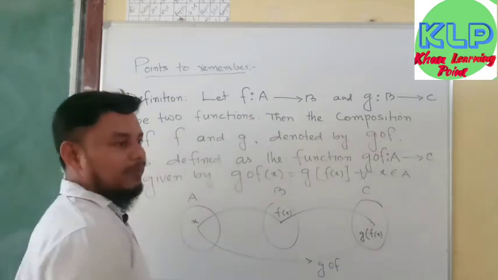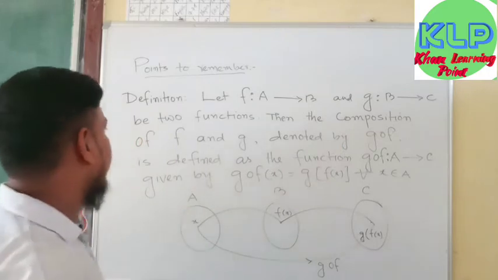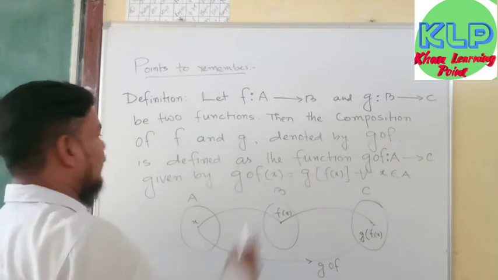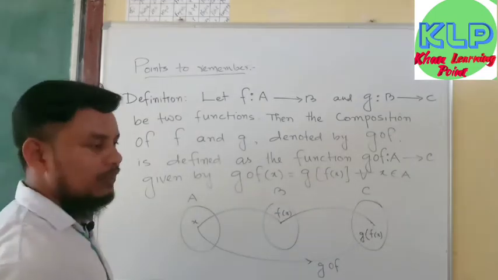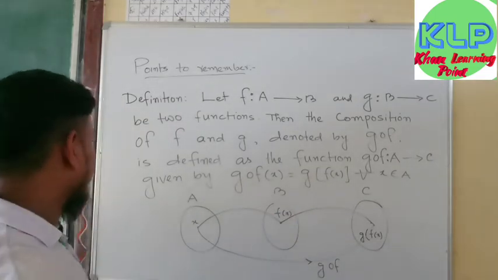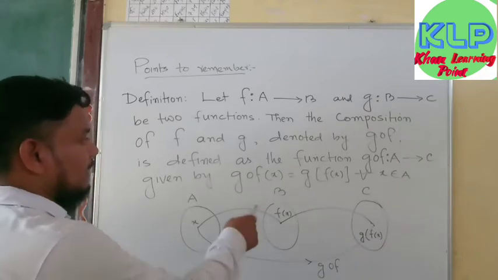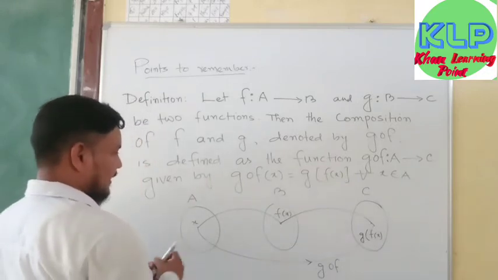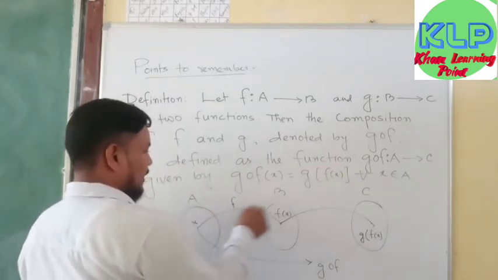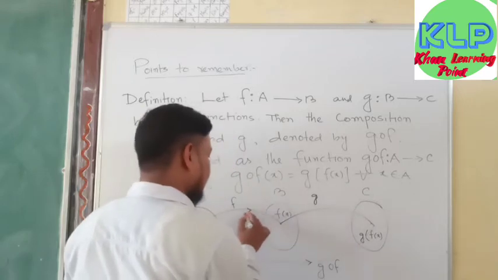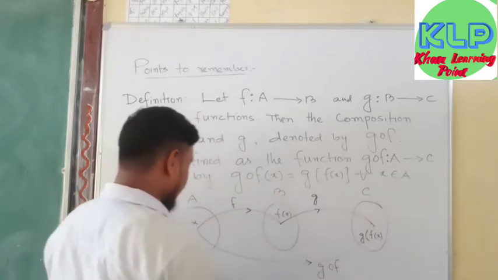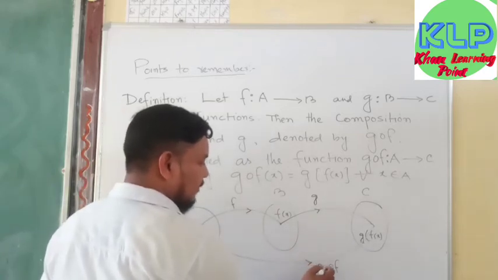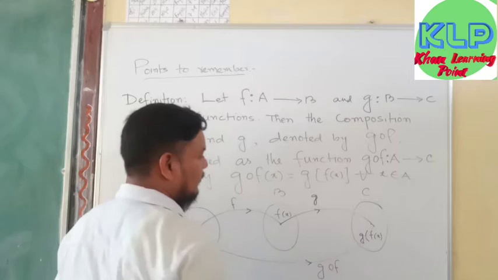Let f be a function from A to B and g be a function from B to C, two functions. Then the composition of f and g, denoted by gof, is defined as the function gof from A to C given by gof(x) is equal to g of f(x) for all x belonging to A. That is, here f is a function from A to B and g is another function from B to C. Then the function from A to C is denoted by gof, that is g of f(x).